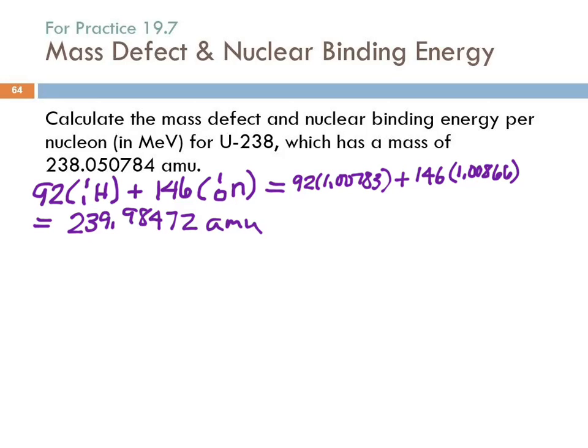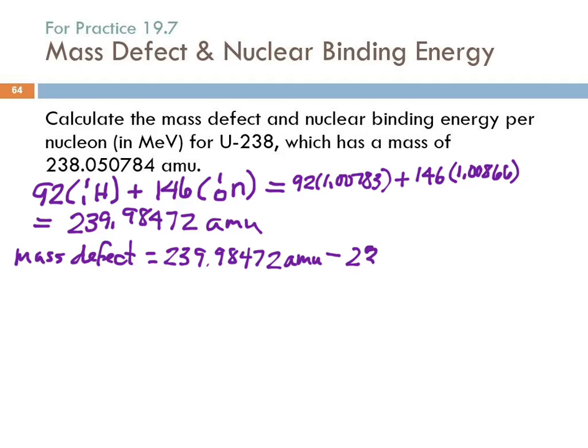The components for uranium-238 weigh that. The actual uranium-238 atom weighs 238 point that. So we need the difference here for the mass defect. So mass defect is going to be the 239.98472 atomic mass units minus 238.050784 atomic mass units.